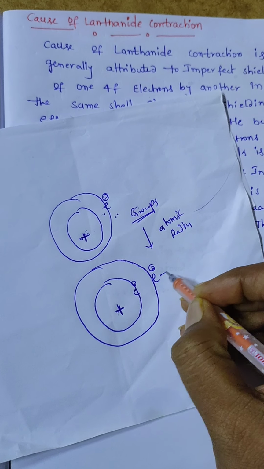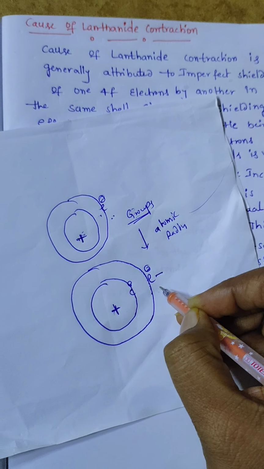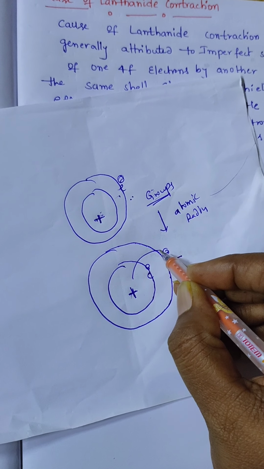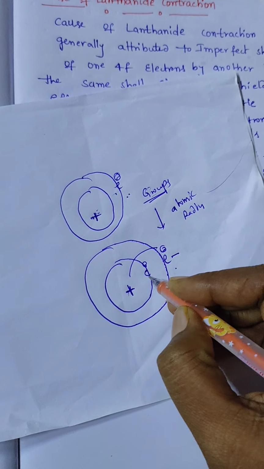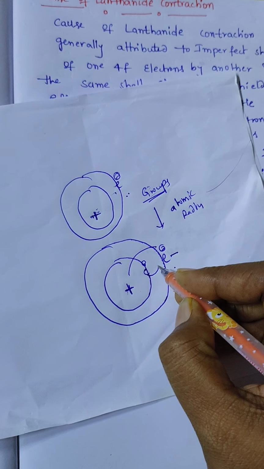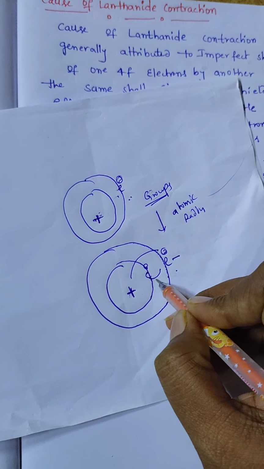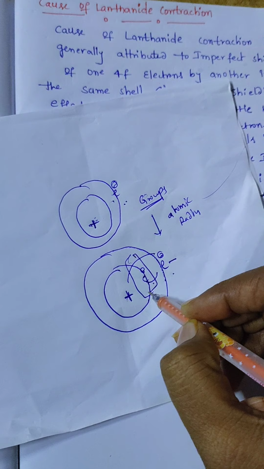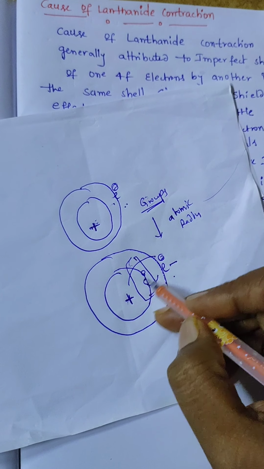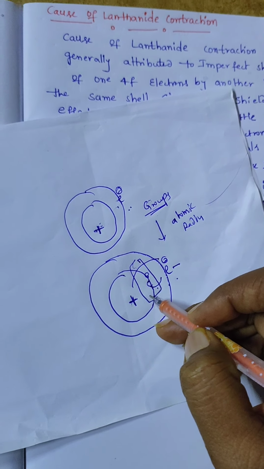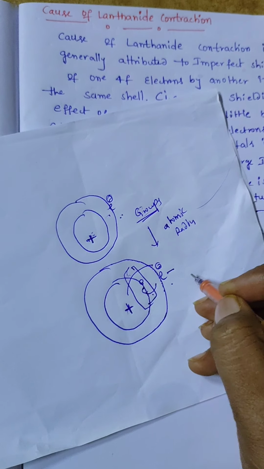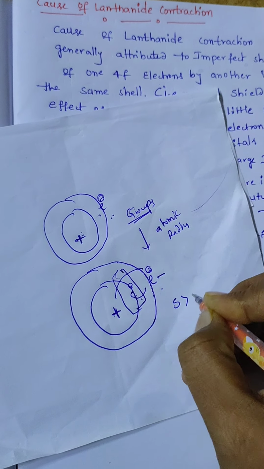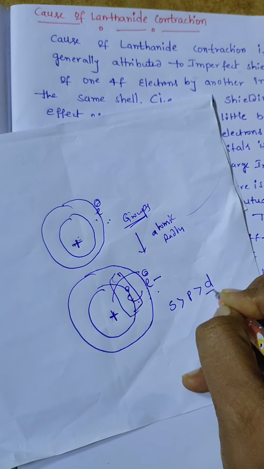So the outer electrons feel two types of forces. First, attractive force by the nucleus, and second, repulsion by the inner electrons. These inner electrons shield the outer electrons from the nuclear force, like a shield, and it is called the shielding effect. Shielding effect is very good in s, next p, and weak in d.